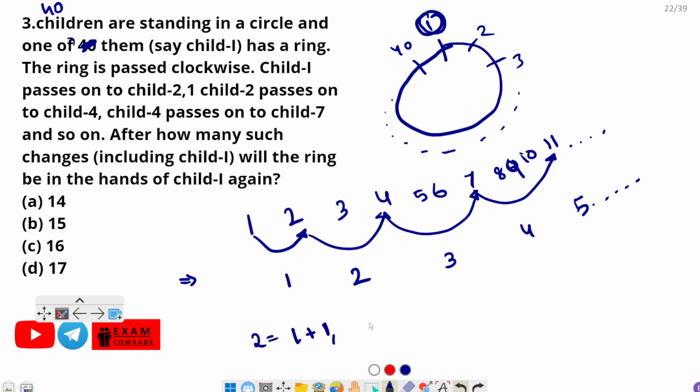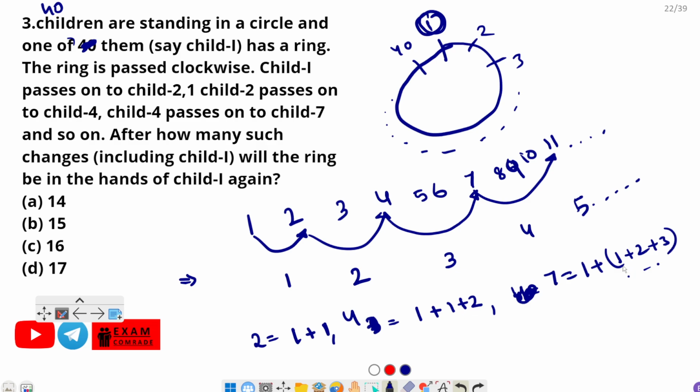For getting 4, we'll add 1 plus 2 to the 1. For 7, we are adding 1 plus 2 plus 3.